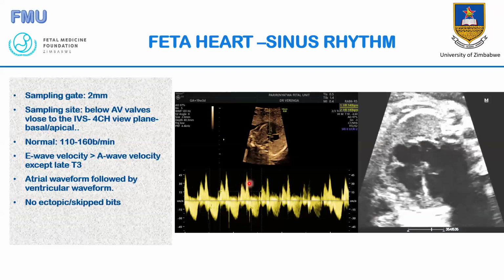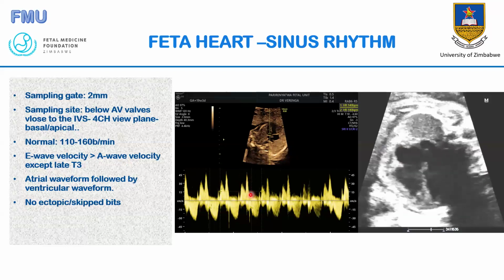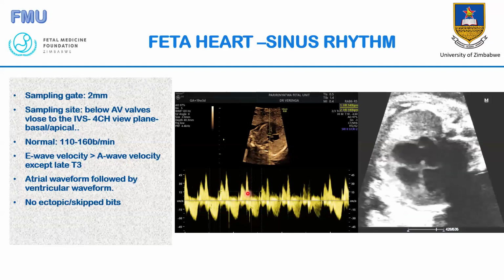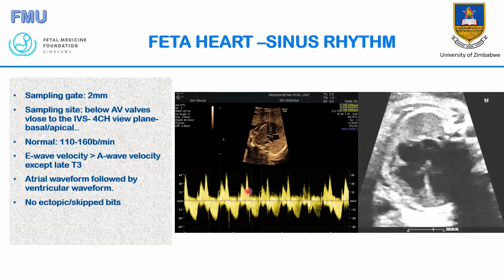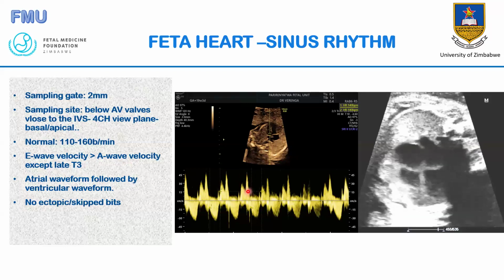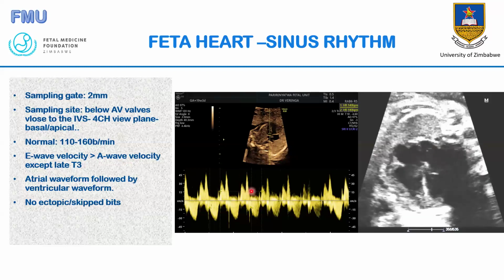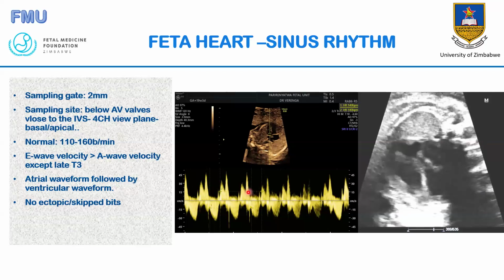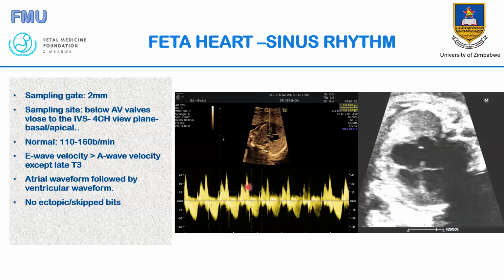If it reverses, it shows that there is a problem in the channels. Either there is an obstruction going on in the heart channels, in the flow of blood. So any baby who shows a higher E wave than the A wave has to be referred to the fetal defect screen for fetal echo. So the E wave should always be smaller than the A wave. Please remember this, because if you don't remember it, we will not improve the detection of babies whose hearts are not okay.